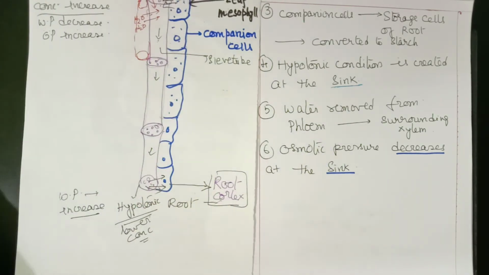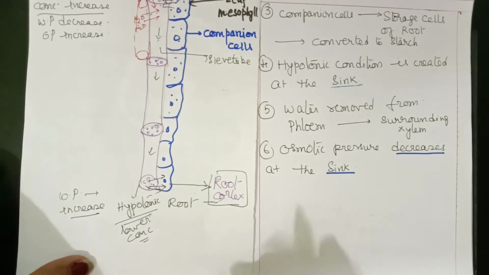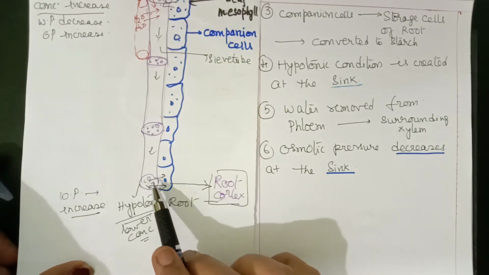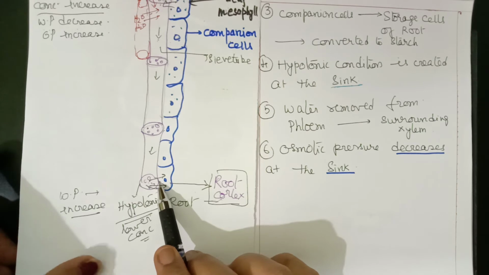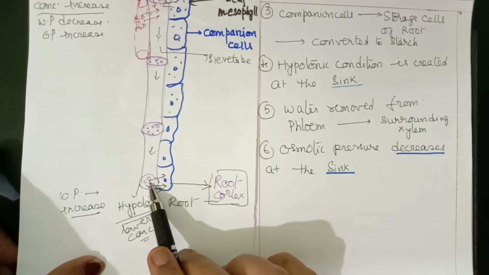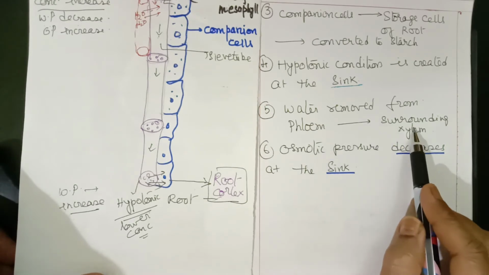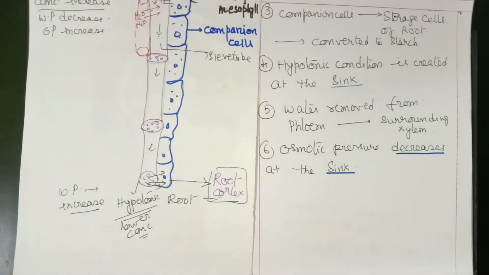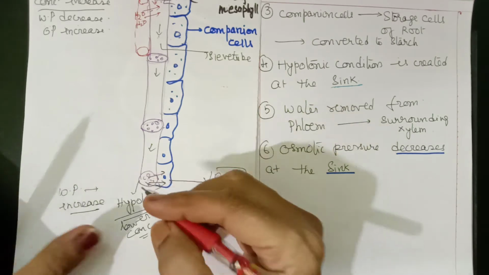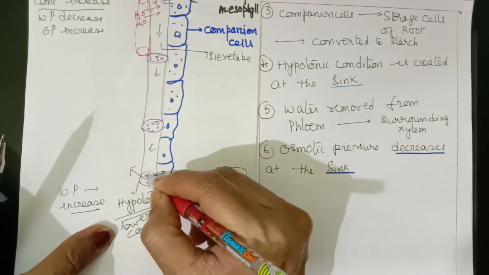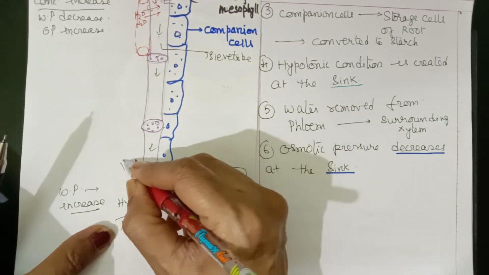So once water potential increases at the sink, that means at the sieve tubes or companion cells, it will start losing water. Water is removed from the phloem to the surrounding xylem.